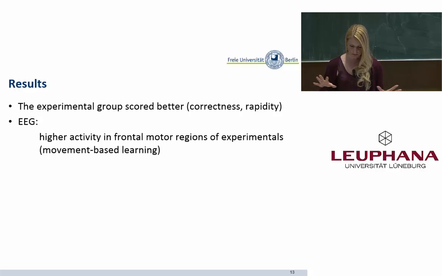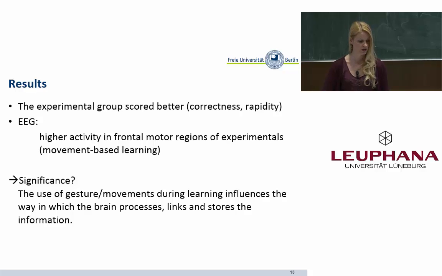As we will see in a bit, the use of movement in learning does lead to higher retention rates, and not only to higher retention rates, but to more stable retention over time. And this is really important for us as teachers.